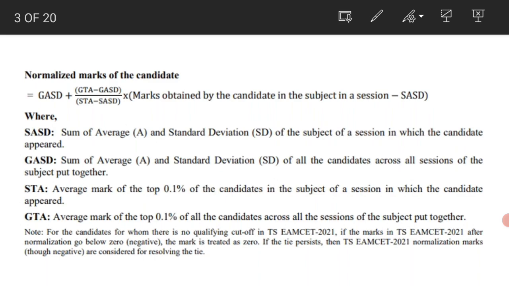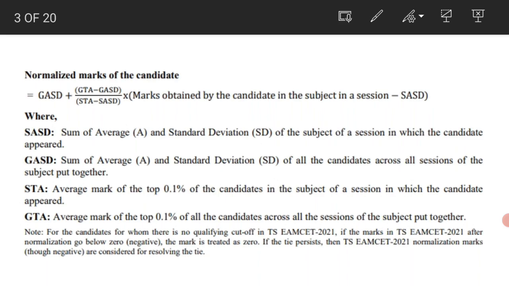This formula takes into account the difficulty level as well as the number of students who appeared, how many marks students got, and what the difficulty level of the paper was. With the help of difficulty level, they will equalize the scores of the students.